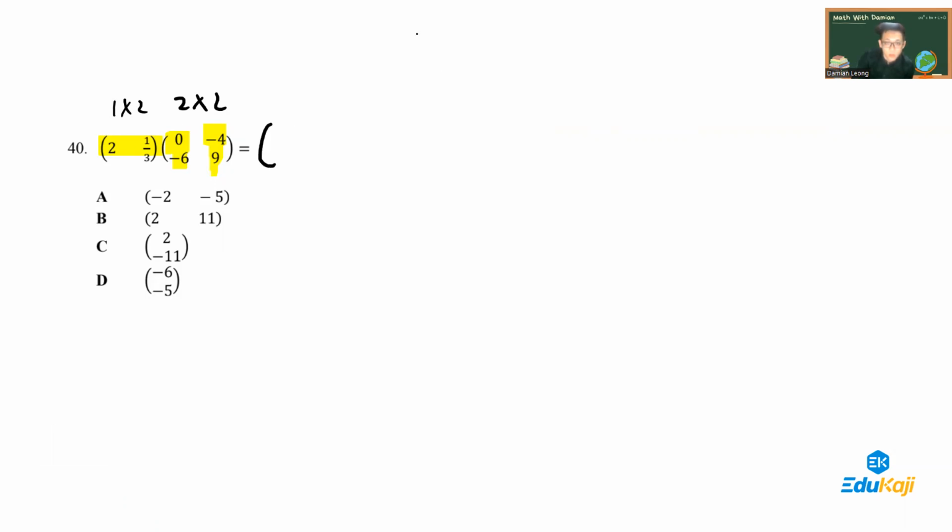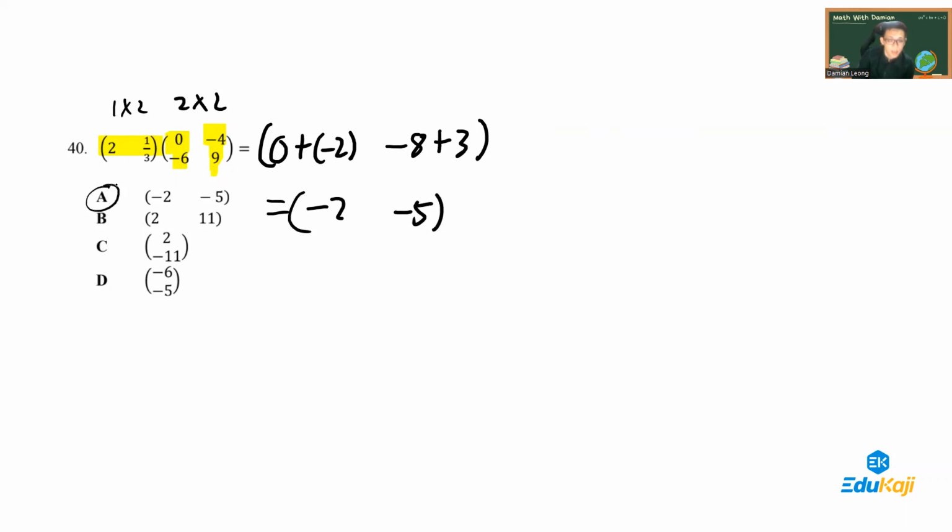So first row, first column: 2 times 0, 0, plus 1/3 times -6, -2. Then first row, second column: 2 times -4, -8, plus 1/3 times 9, 3. So it becomes -2, -5. Answer A. Yeah, and that is for the Johor trial paper 1.